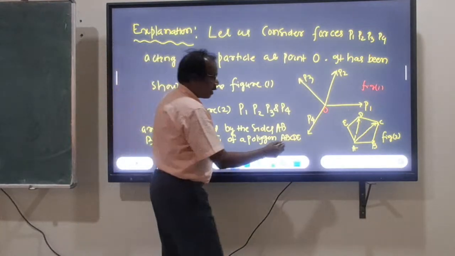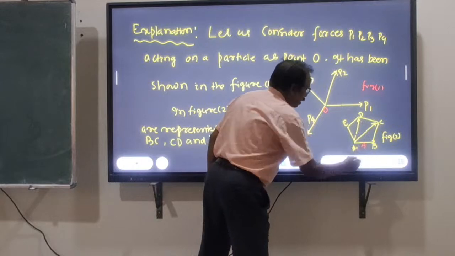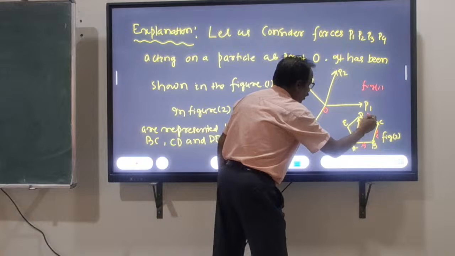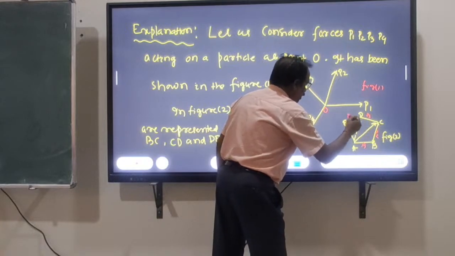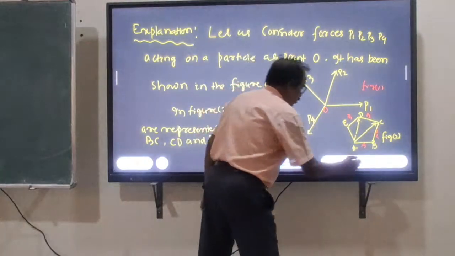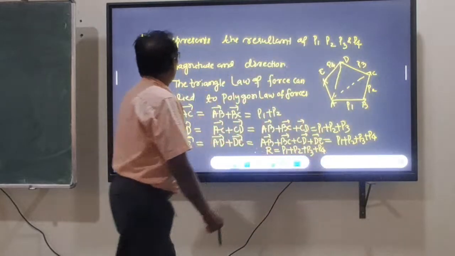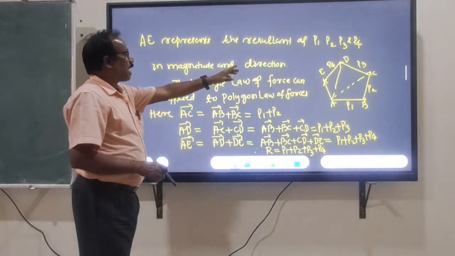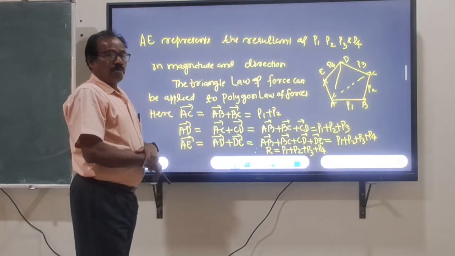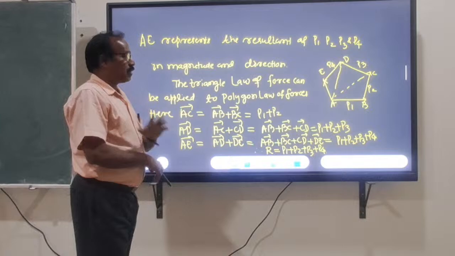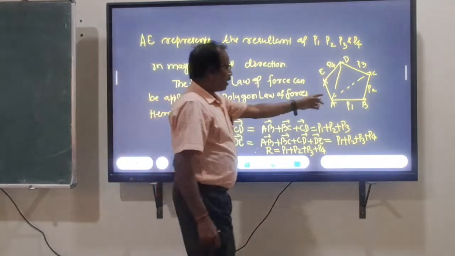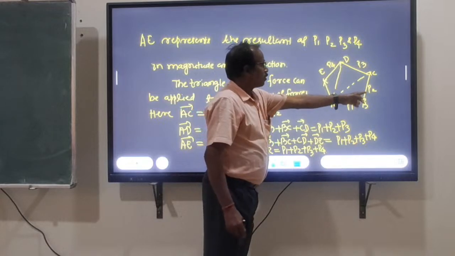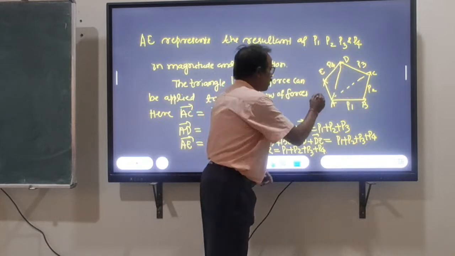Here AB is equal to P1, BC is equal to P2, CD is equal to P3, DE is equal to P4. AE represents the resultant of P1, P2, P3 and P4.